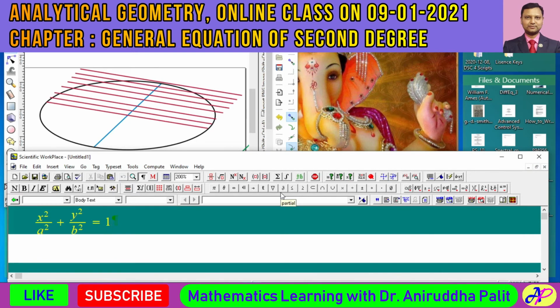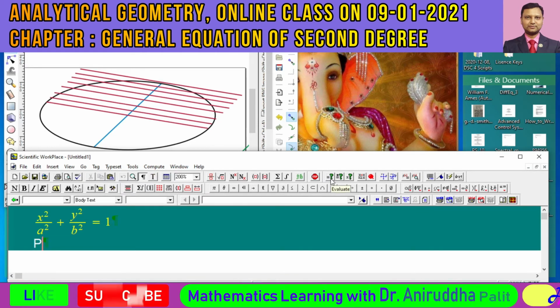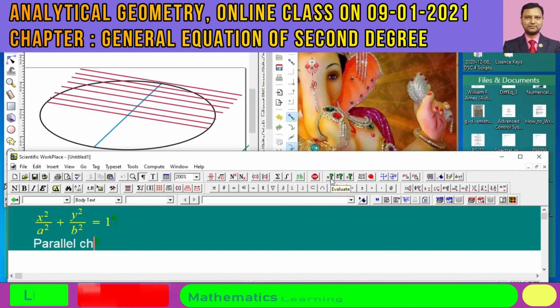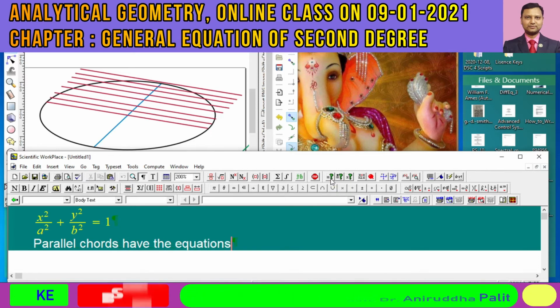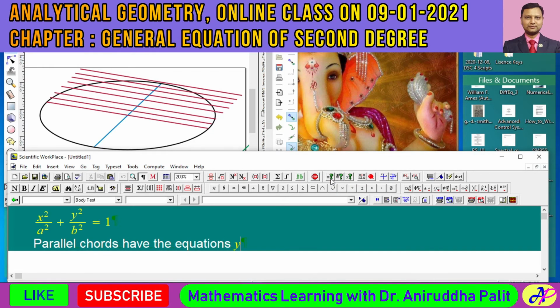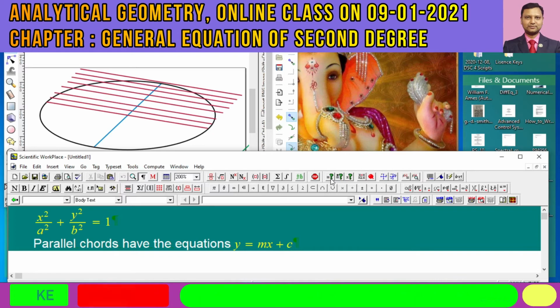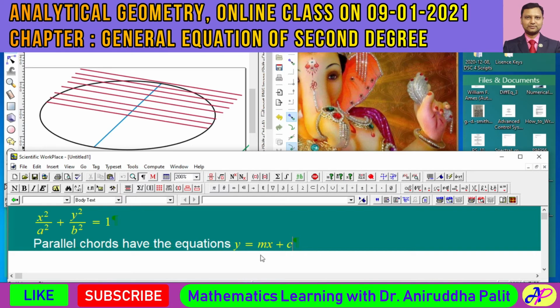And suppose the parallel chords have equations like y is equal to mx plus c. As these chords are parallel, all these chords will have the same gradient m.